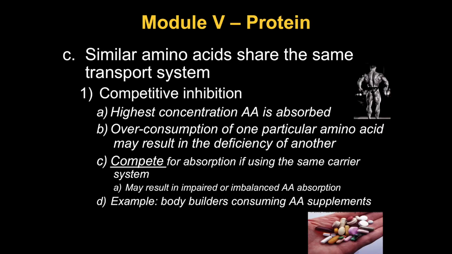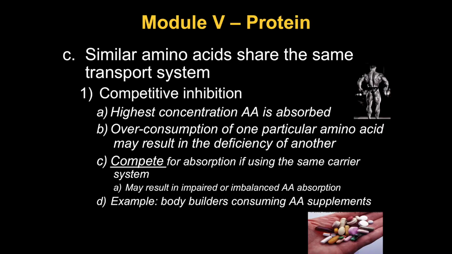And of course, as with most of these things, the higher the concentration of a particular amino acid, that amino acid is basically going to win and be absorbed preferentially over another amino acid. That could lead to a deficiency in that particular amino acid. So it's important to have a balance of all the amino acids and not overconsume one.